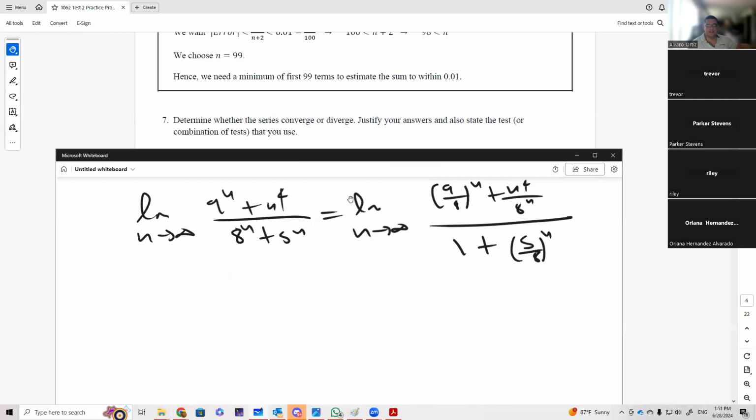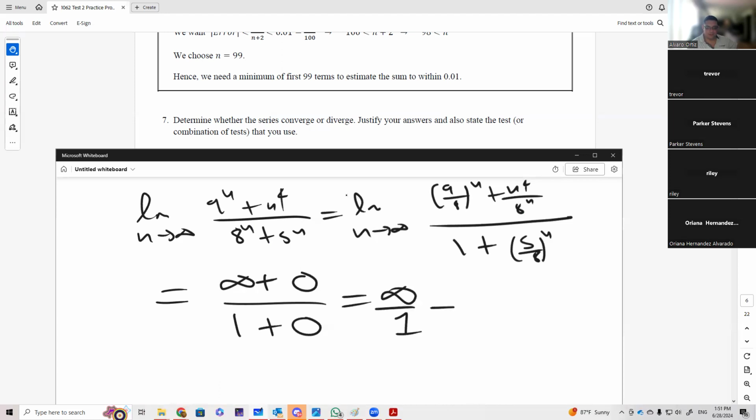So notice that this is now giving me ratios. This is 1 plus, and this goes to 0 when n goes to infinity, because 8 to the n grows faster than n to the 4. But the problem is 9 over 8 to the n, this goes to infinity. So this goes to infinity over 1, or infinity. This is different from 0. And so the series diverges.